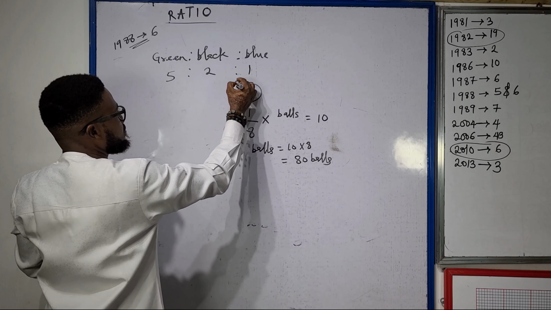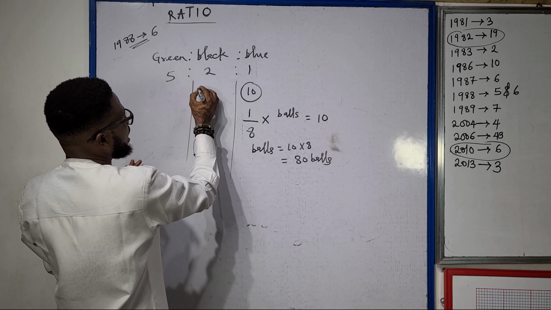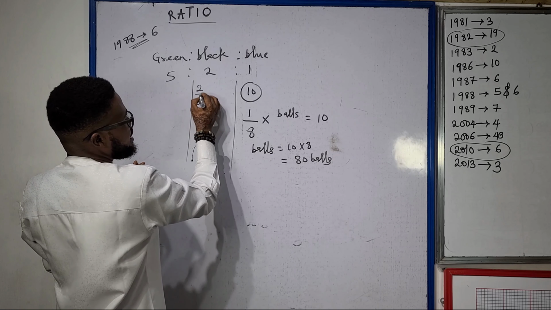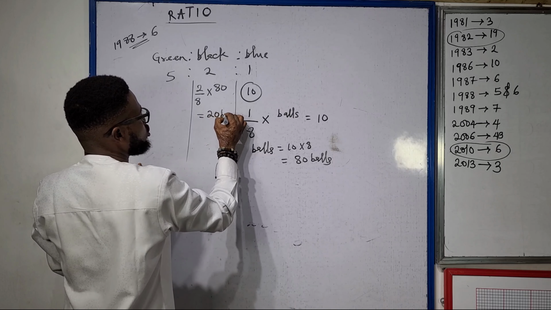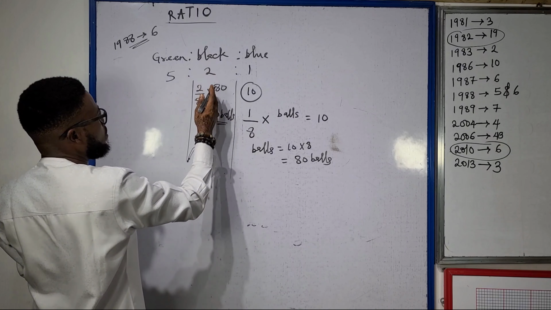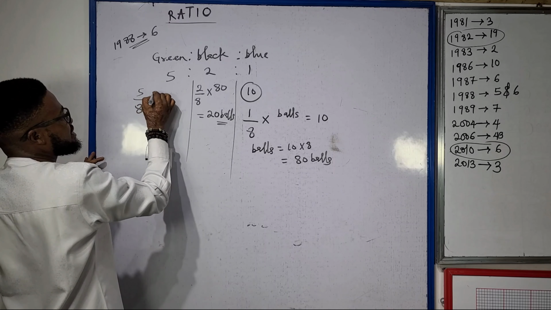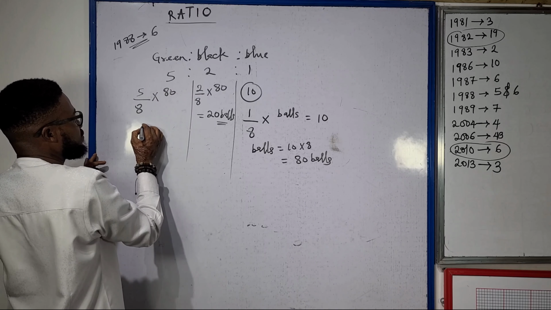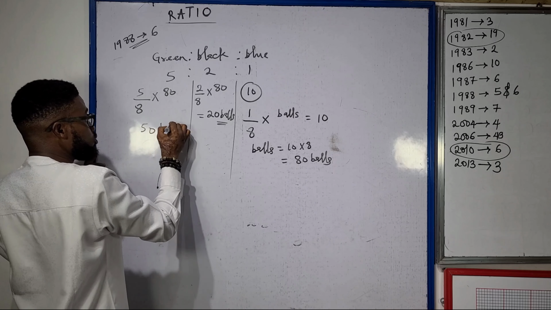For the black balls, that would have been 2 over 8 times 80, and that would have been 20 black balls. For the green, this would have been 5 over 8 times 80, and this would have given us 50 green balls.